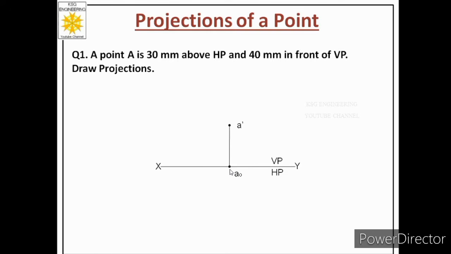So from the reference point we have to plot 40 mm length, which will be continuous thin line. We call that line as projection line on horizontal plane, that is the opposite plane. So where is that plane? Over here is that plane.